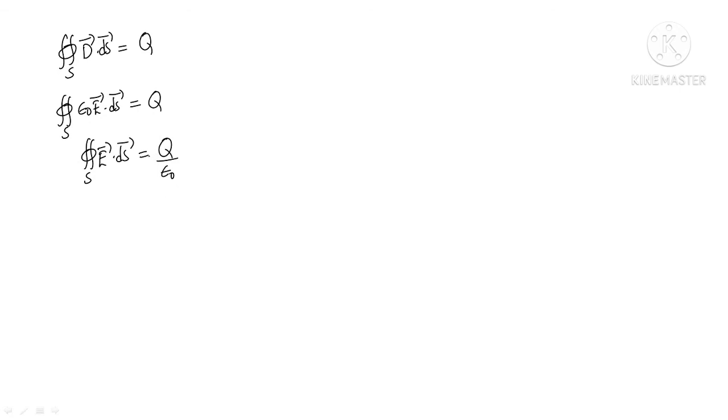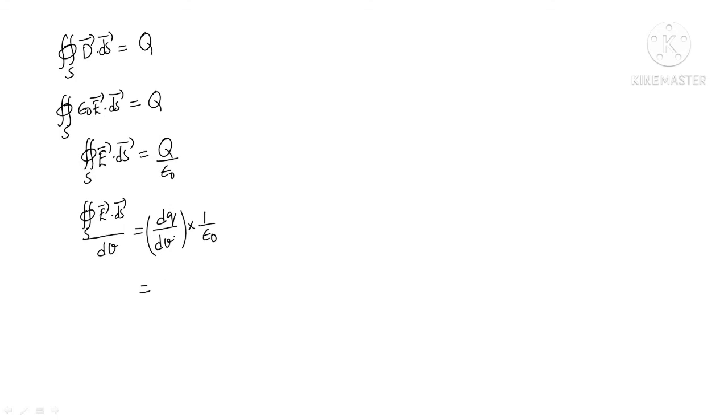If I consider a small differential volume and divide this LHS term with a small differential volume, you will get surface integral of E dot ds by dv, and it is equal to dq by dv multiplied with 1 by epsilon naught, and it is nothing but, what is this?